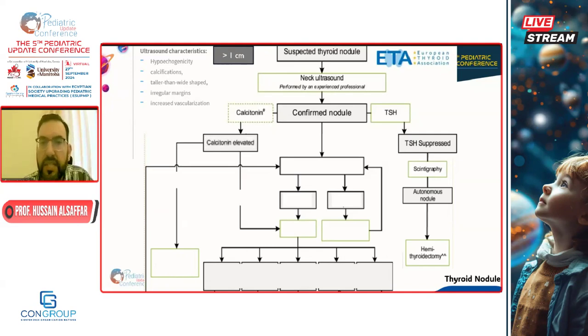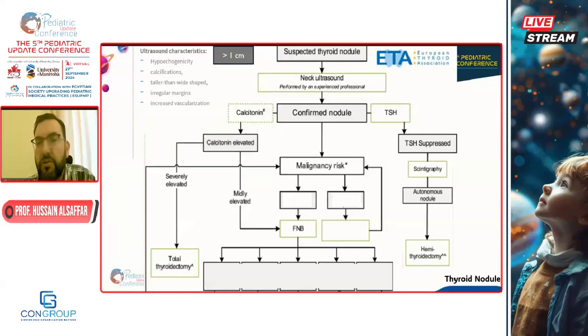And if the calcitonin is elevated, it depends on how high. If it's severely elevated, it's advisable to remove the total thyroid. If it's mildly elevated, then we just need to move forward to fine needle biopsy.